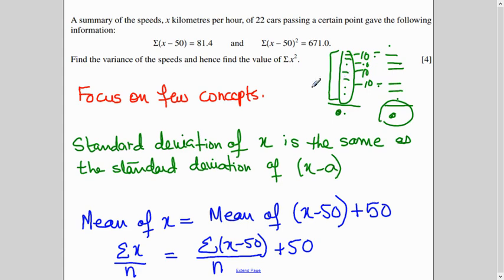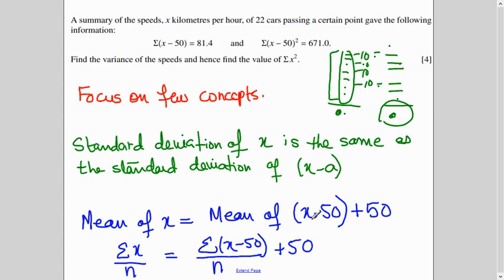Agreed? So that's why whenever you have to find the mean of the original data, you look at this coding. If you have subtracted from each data value, then after finding the mean of it, you can just add 50 to it, because this is the amount you have subtracted from each data value. So you will get the mean of the original data.